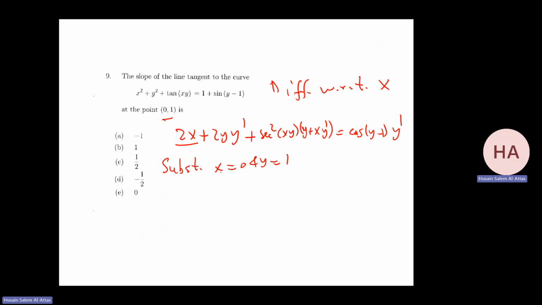This is 0, gone. I have 2y prime, plus secant square of 0, which is 1, times y, which is 1, plus x y prime, which is 0, equals cosine of y minus 1, which is cosine of 0, which is 1, times y prime. So that means, taking y prime, I have y prime equals minus 1. That will be the answer.